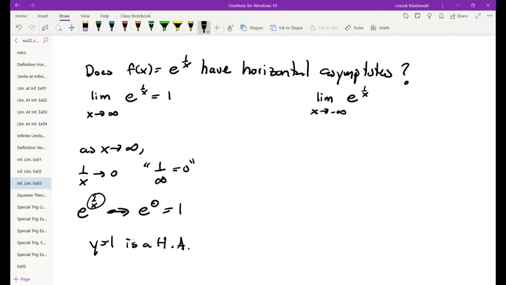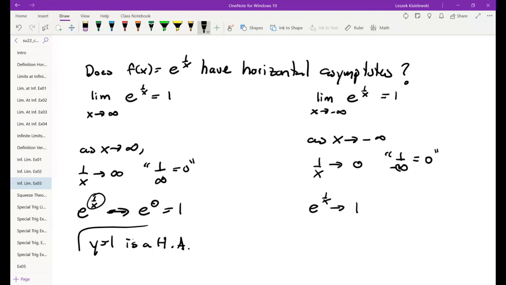And from the left, I believe it's the same argument, right? Sorry, as x goes to the left, it goes off to negative infinity. You see that 1 over x would go to 0 as well. So e to the something that goes to 0 is something that goes to 1. Yeah, so we have a horizontal asymptote in both directions.